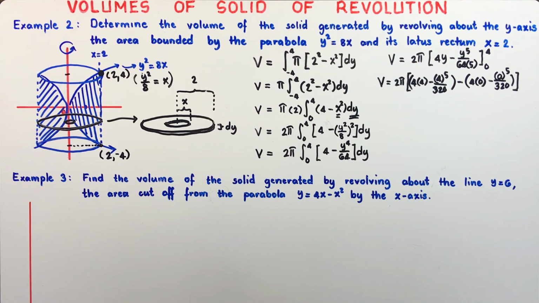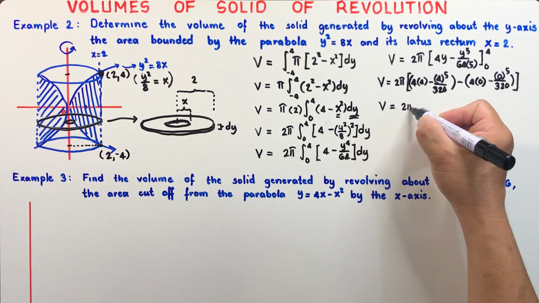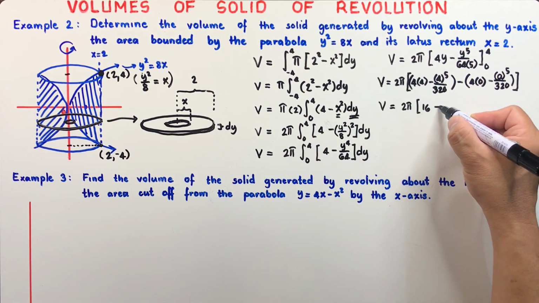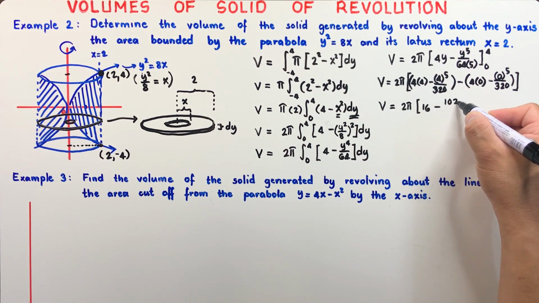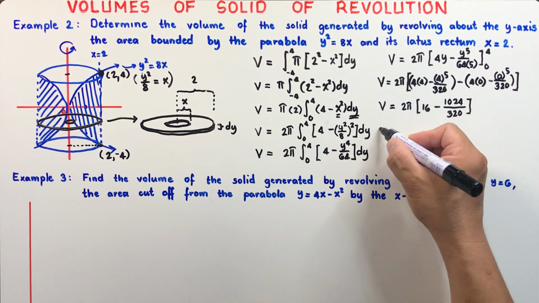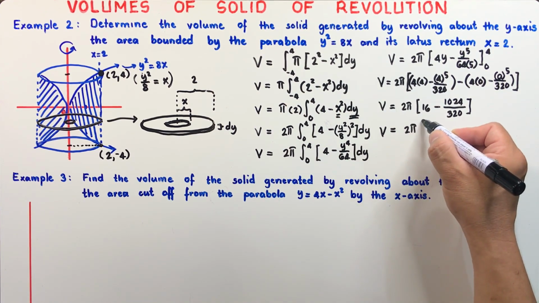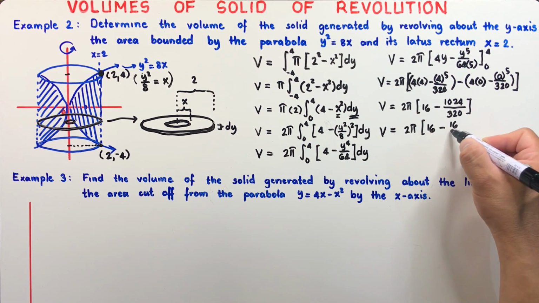So we have volume equal to 2 pi times 16 minus 4 to the power of 5, which is 1024, divided by 320.